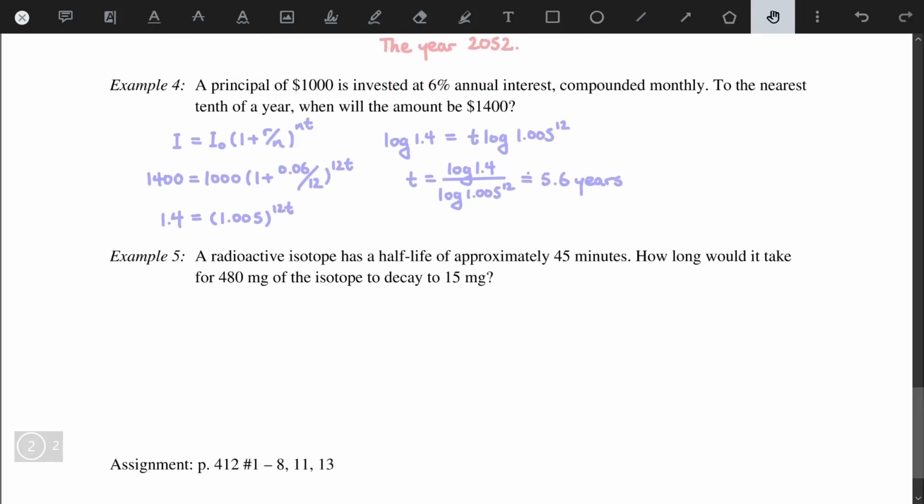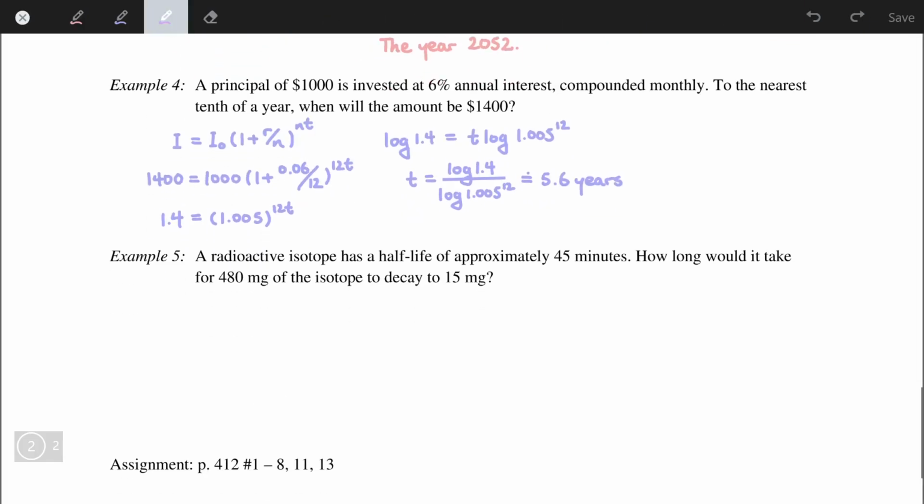Okay, so let's look at one final example here. Radioactive isotope, half-life of 45 minutes, so let's set it up with amount remaining is equal to the initial amount. This is a half-life question, so our base will be 1/2, and t over 45, since the half-life is 45 minutes. So the amount will be 15 at the end.